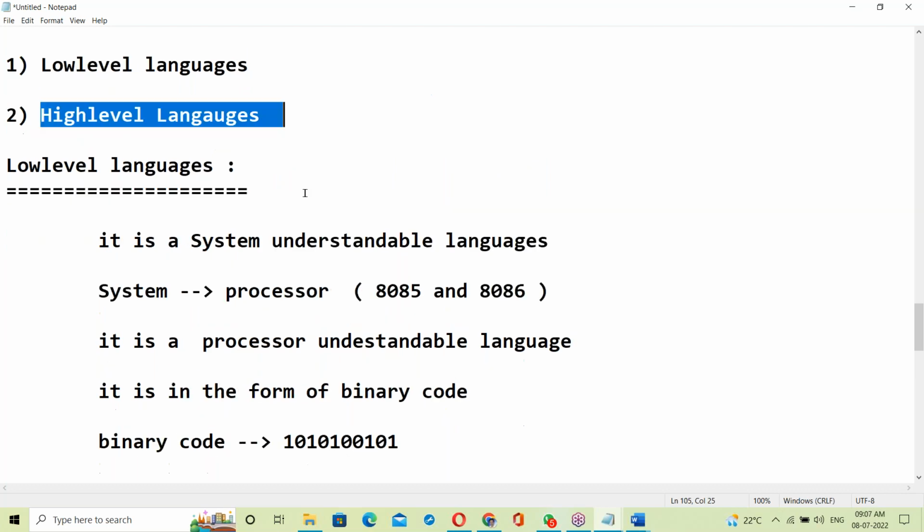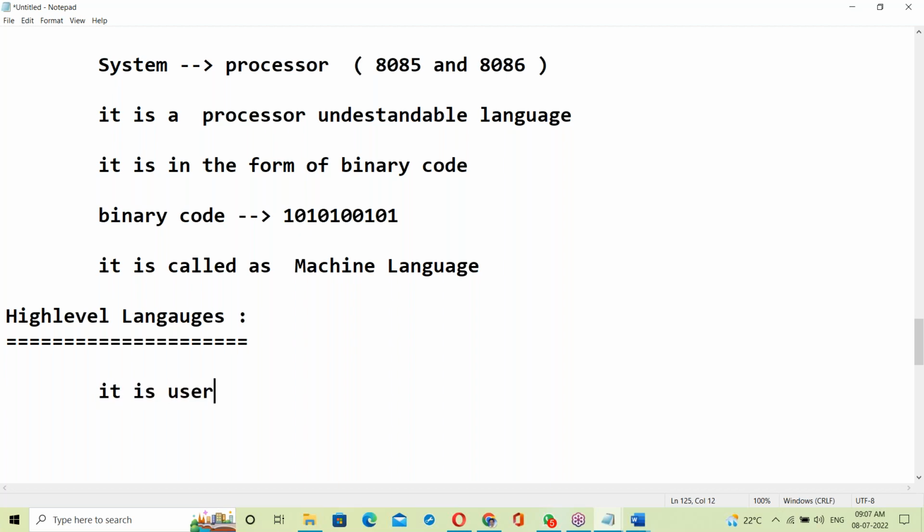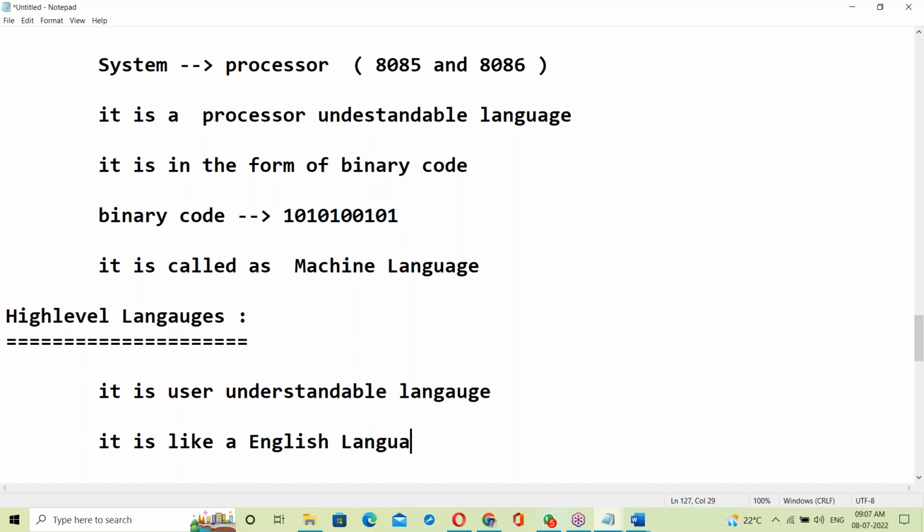Next, high level languages. Yes, about high level languages. It is user understandable. It's a user understandable language.